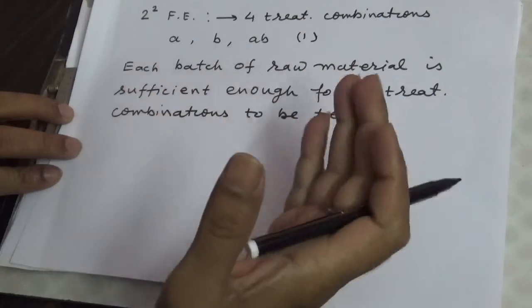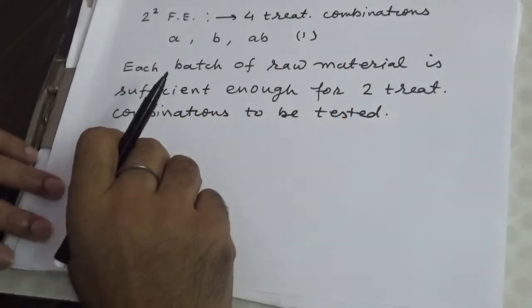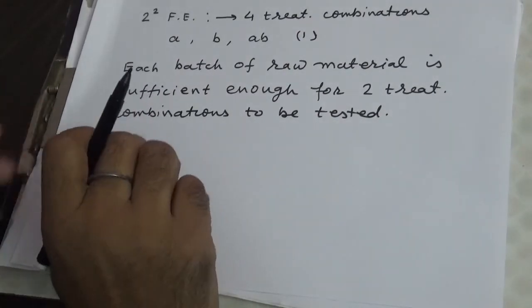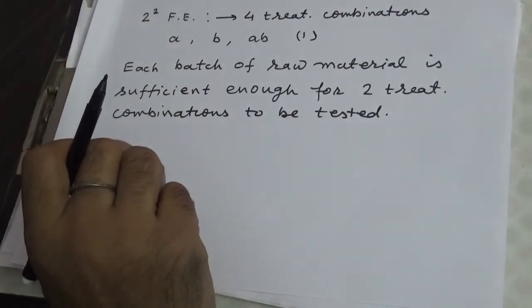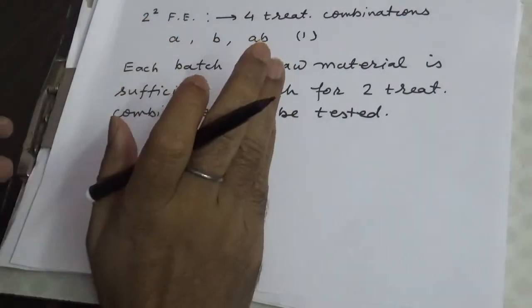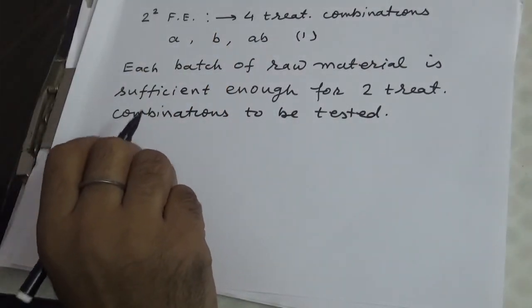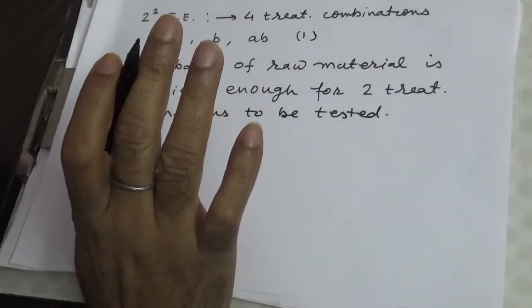That means every block will have 4 plots. But suppose we have a situation that we can conduct the experiment using the available raw material, which is sufficient only for 2 treatment combinations to be tested.